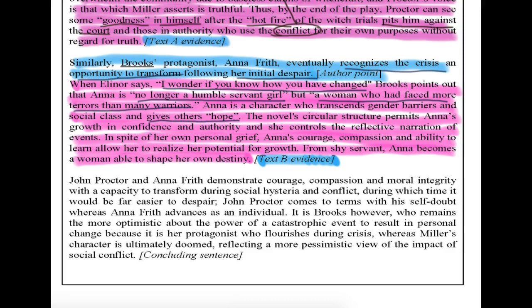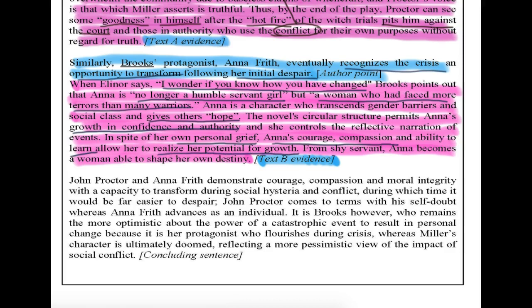So compassion, courage. The novel's circular structure permits Anna's growth in confidence and authority, and she controls the reflective narration of events in spite of her own personal grief. So crisis, conflict, self-doubt, internal conflict. Anna's courage, compassion, and ability to learn allows her to realize her potential or transform for growth.